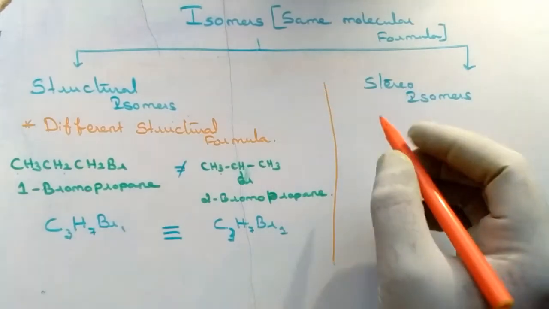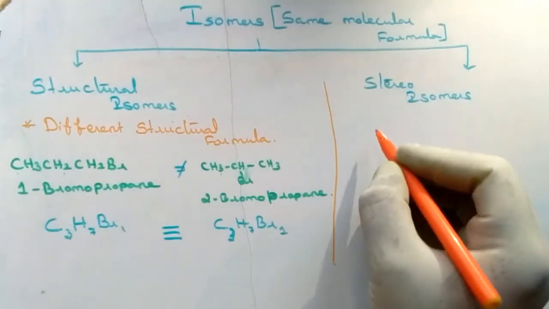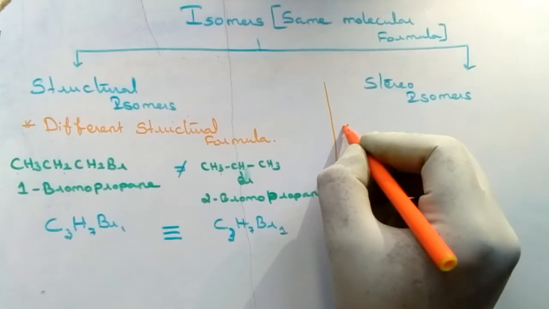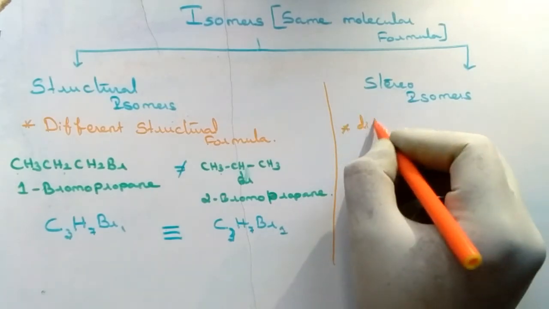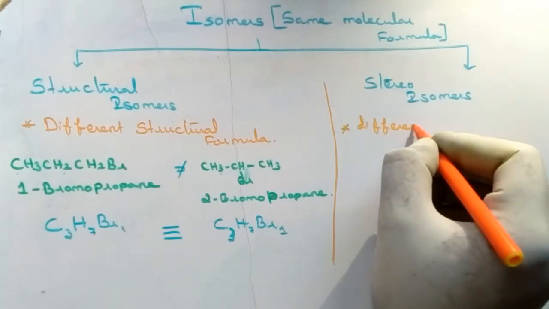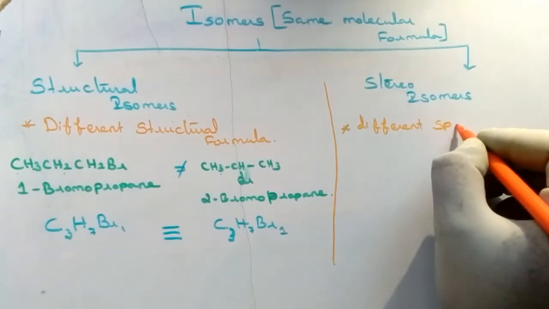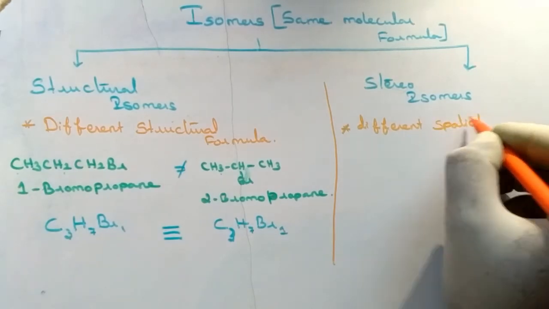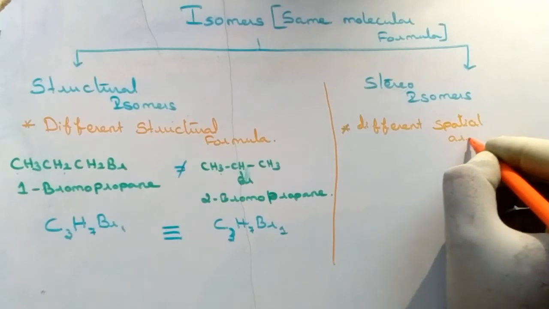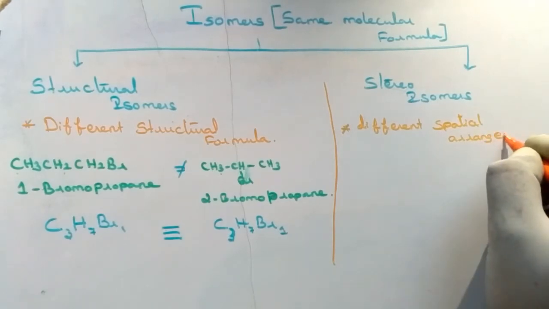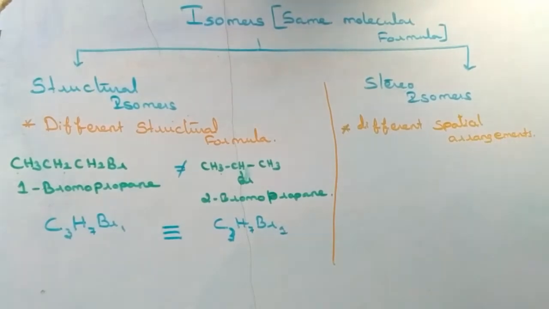Next we are going to see about stereoisomers. Stereoisomers are compounds that have the same molecular formula but different spatial arrangements. Let's see with an example.